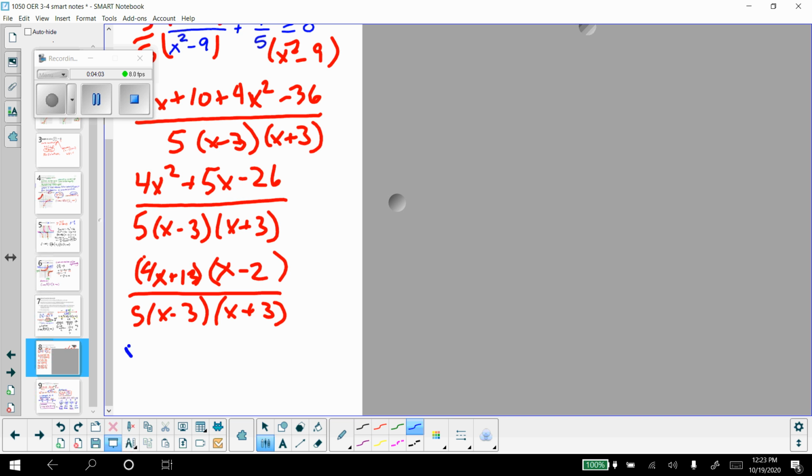So our x-intercepts are going to be at negative 13/4, because that comes from setting this first factor equal to 0 and solving for x, and then at 2. So those are our x-intercepts. And then our asymptotes will be at 3 and negative 3.